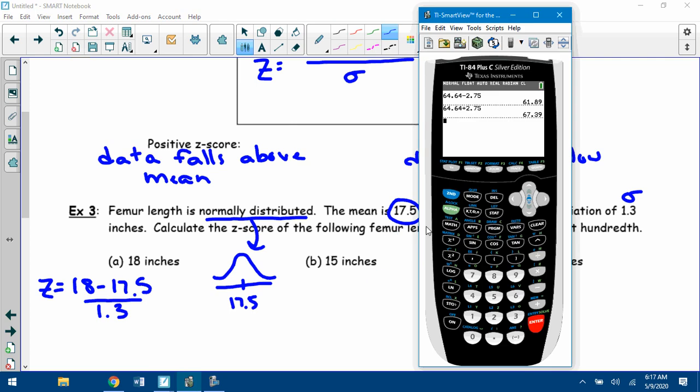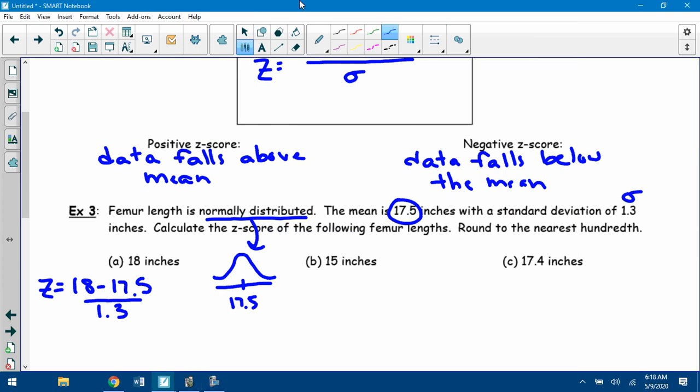I'm in classic mode, that's why it's not giving me a nice fraction. So if I do 18 minus 17.5 divided by the standard deviation of 1.3, we end up with 0.38.